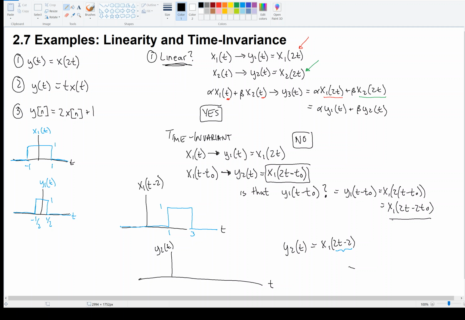So I'm just trying to plot this thing. If I choose t equal to 1/2, then y2 of 1/2 is equal to x1 of -1. Stay with me here. x1 of -1, that's this left edge. So this is telling me that the left edge of the output y is occurring at 1/2. So here's 1/2.